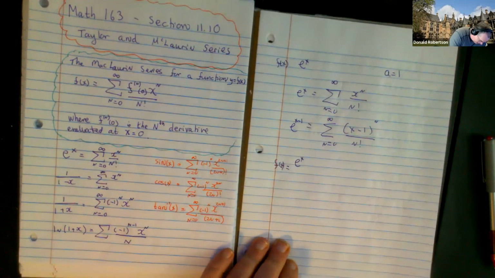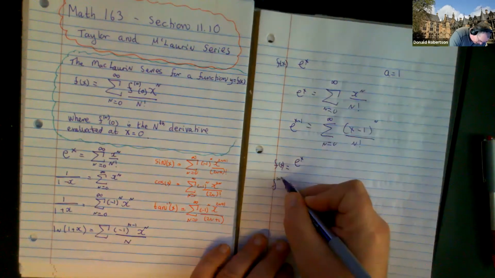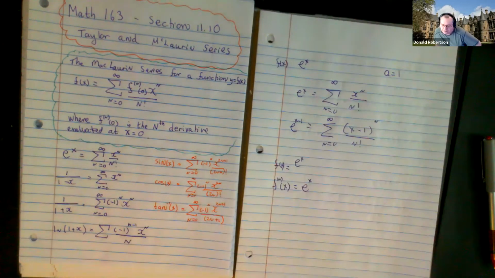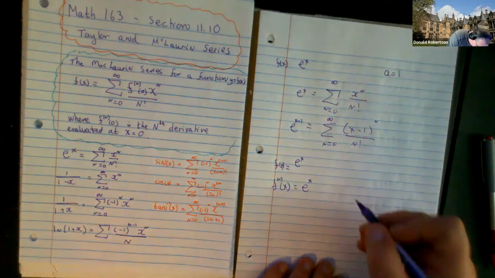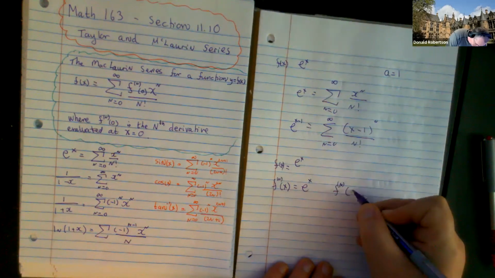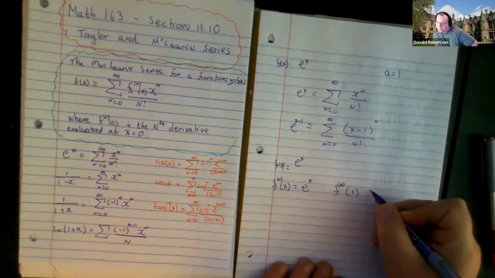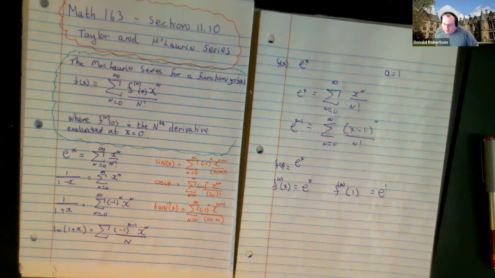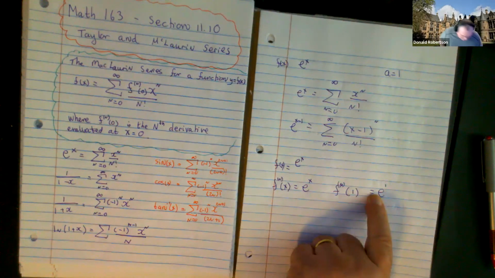Would you agree that every derivative, including the nth derivative, is e to the x? You agree? Now, every derivative is e to the x, so won't the nth derivative at 1 just be e to the 1? That guy is the missing piece of the puzzle.